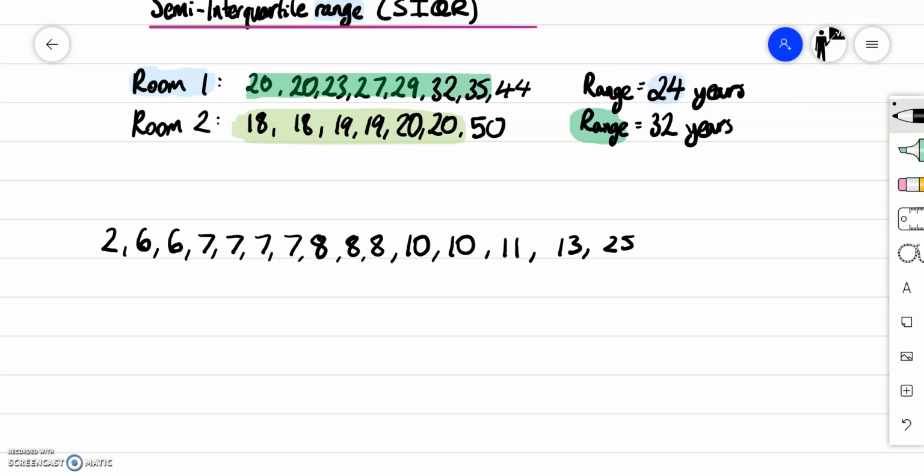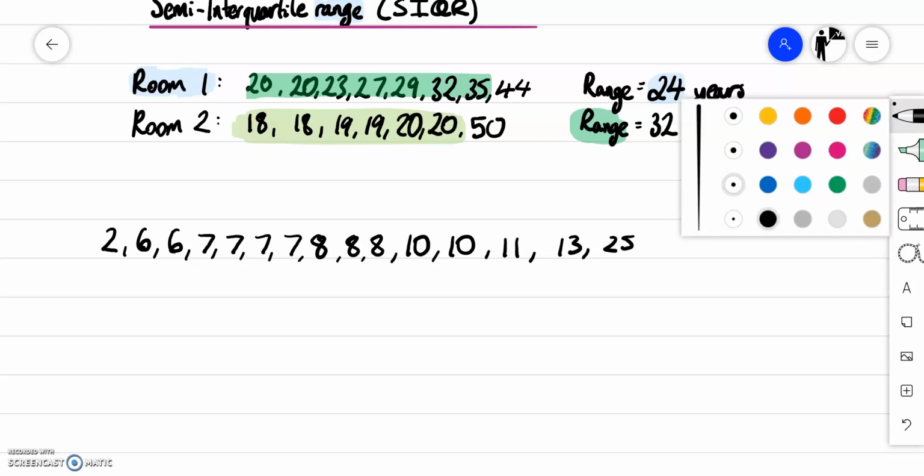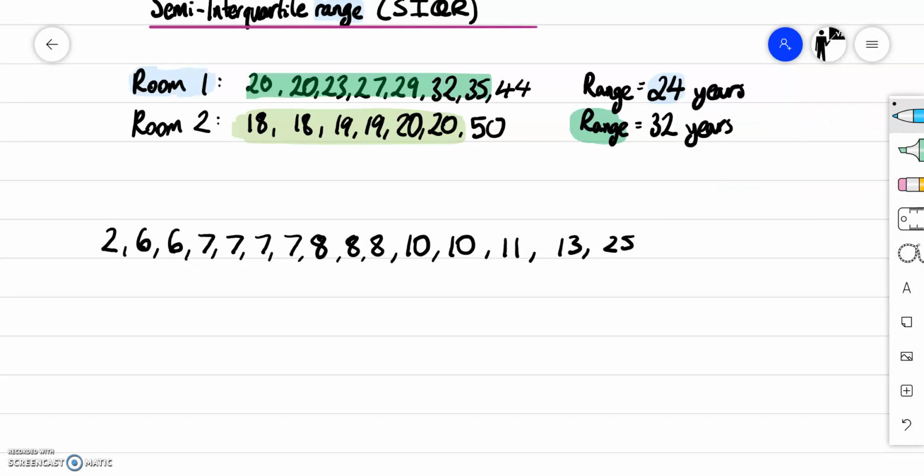We are going to find the median, which is the middle value. We could work into the middle, putting your fingers on them: 2 and 25, 6 and 13, 6 and 11, 7 and 10, 7 and 10, 7 and 8, 7 and 8, and then we're left with this value in the middle, which is our median.